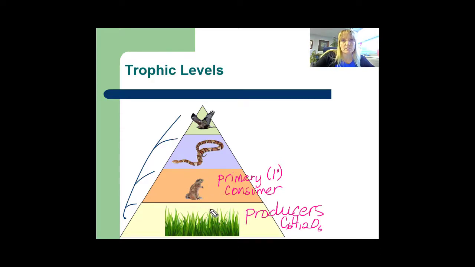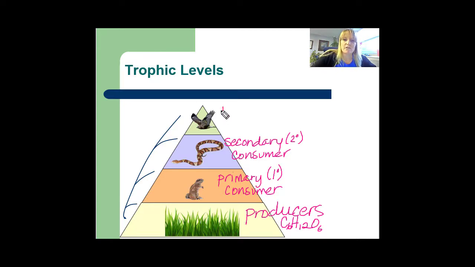A primary consumer is generally an herbivore, which is consuming the producer and gaining their energy from that. From there you have a secondary consumer. Secondary consumers will consume primary consumers.